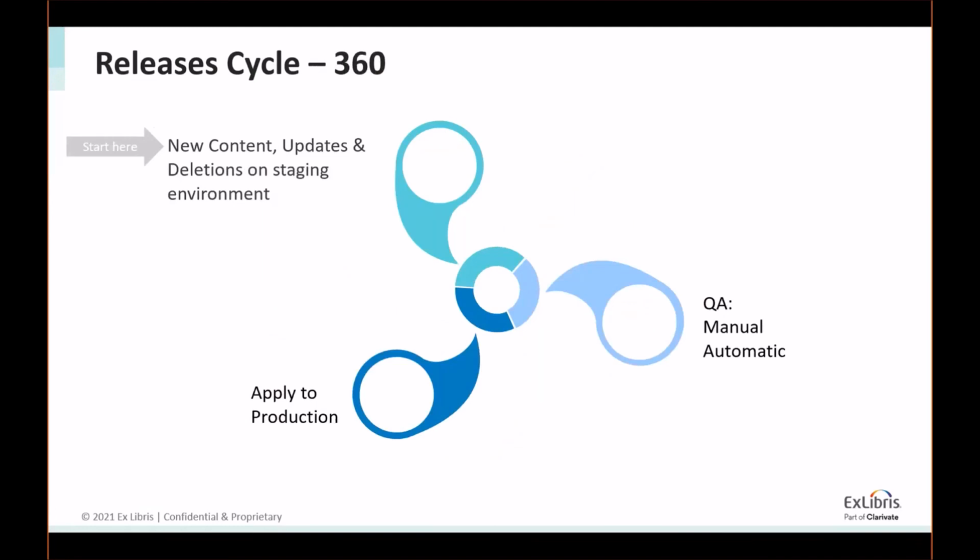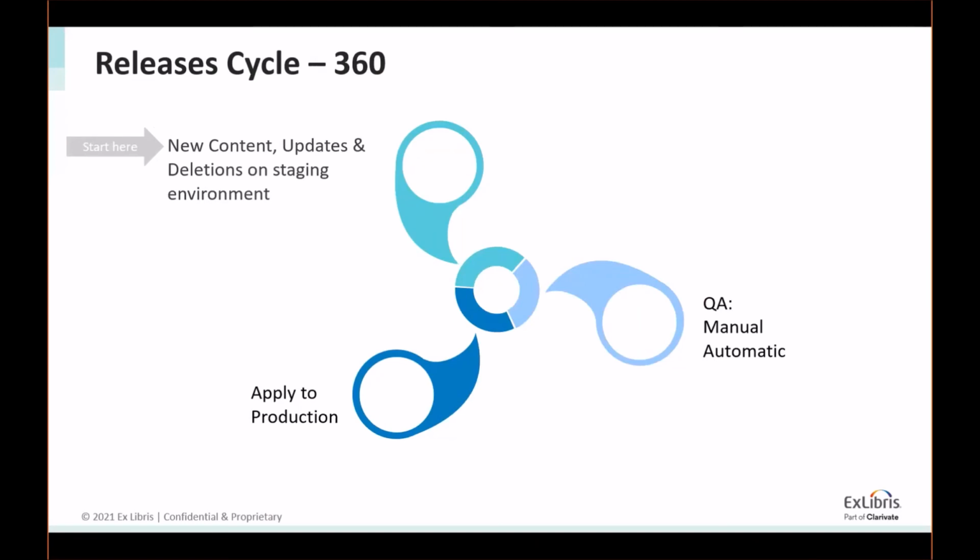The changes, the new content, the updates, the deletions are loaded to the staging environment, and we perform all the QA, the manual and the automatic QA tests, which are reviewed in a specific page in 360 KB, and approved that they are ready and suitable for production.